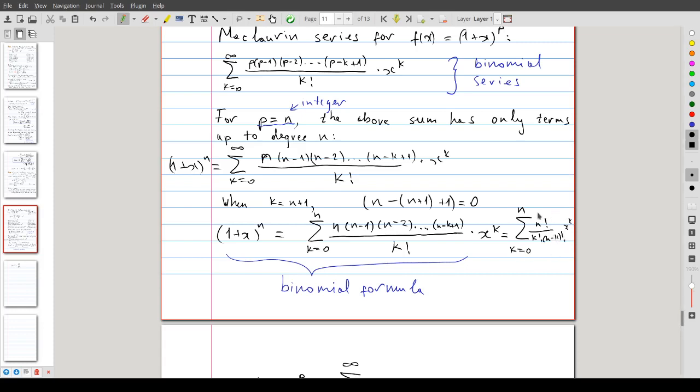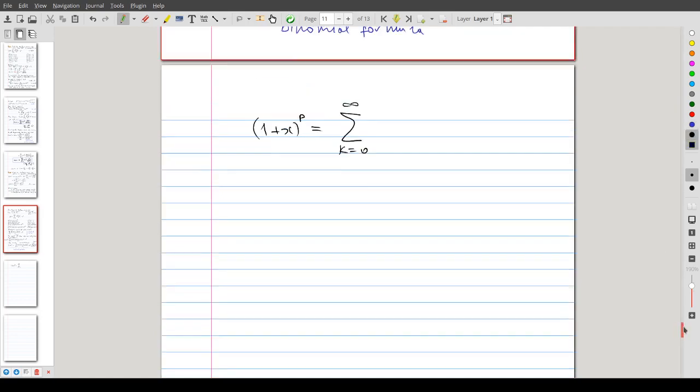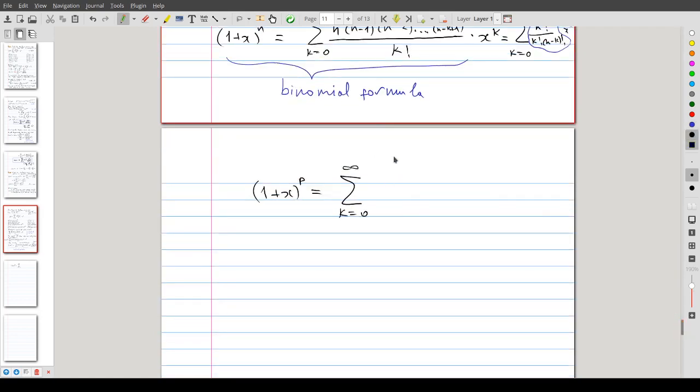And this expression is known as the binomial coefficient. And so by analogy with the finite case, we will say that this here is the binomial coefficient, denoted like so.